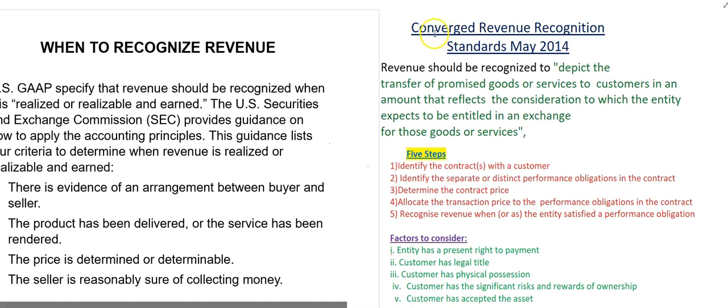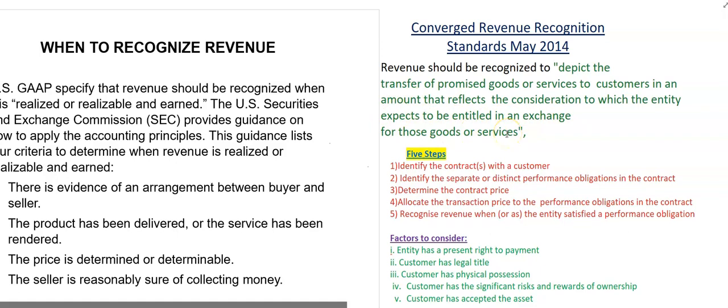Now we review the converged revenue recognition standards that were issued by the International Accounting Standards Board and the Financial Accounting Standards Board in May 2014. According to these converged revenue recognition standards, revenue should be recognized to depict the transfer of promised goods or services to customers in an amount that reflects the consideration to which the entity expects to be entitled in exchange for those goods or services.